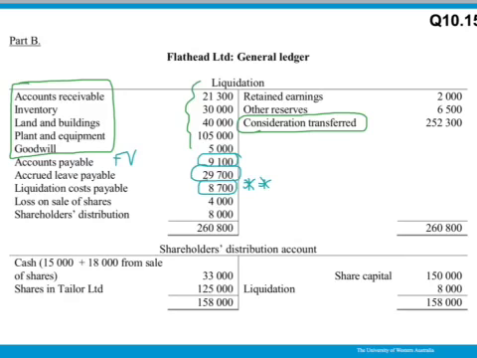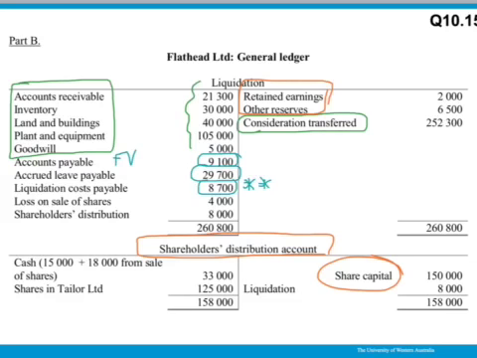Looking on the credit side now, the next step is to record the transfer of retained earnings and other reserves. So all your equity balance apart from share capital, because share capital is included in our shareholders distribution account where we deal with our distribution to the shareholders.